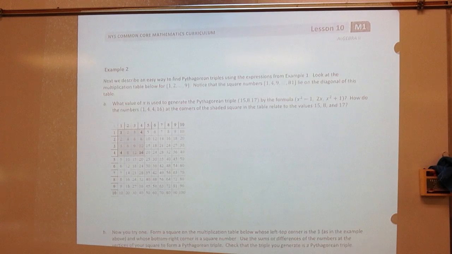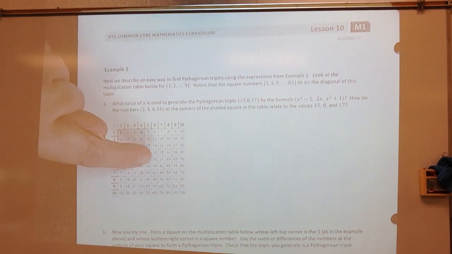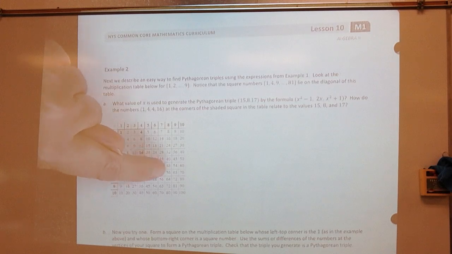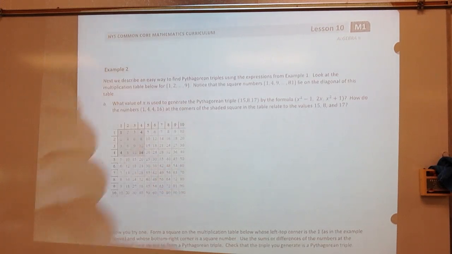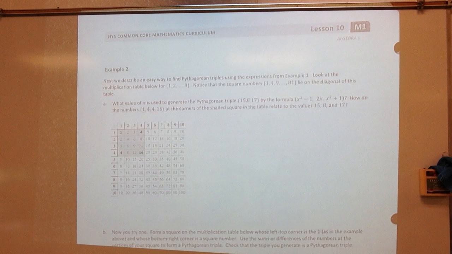Look at the multiplication table below for 1, 2 through 9. Notice that the square numbers 1, 4, 9, 16, 25, 36, 49, 64, 81, 100 lie on the diagonal of the table.